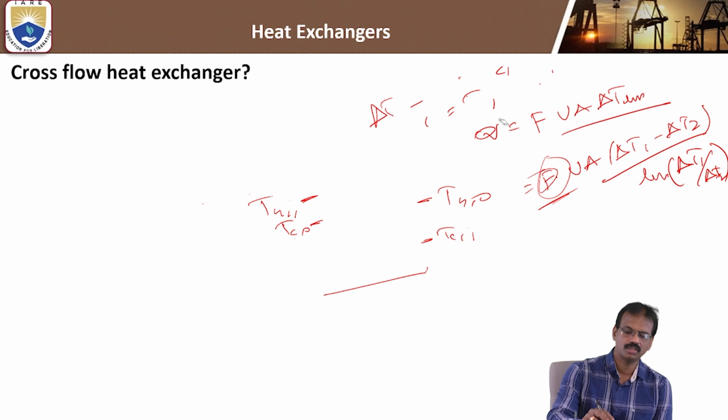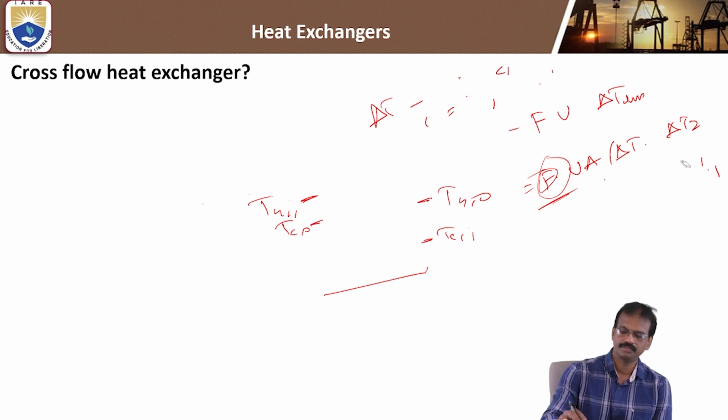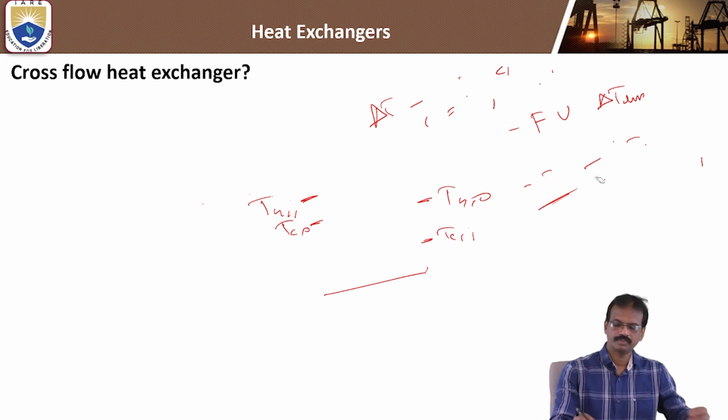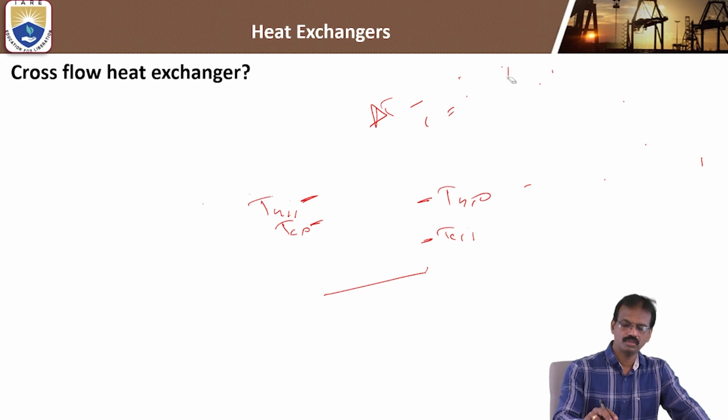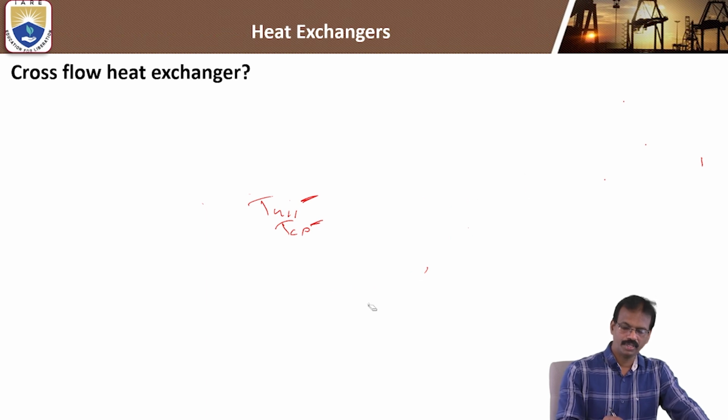We'll see the definition of cross flow exchanger. Cross flow means both the fluids flow perpendicular to each other, not parallel. Parallelism we see in parallel flow and counter flow, but here the directions of both fluids are perpendicular to each other.